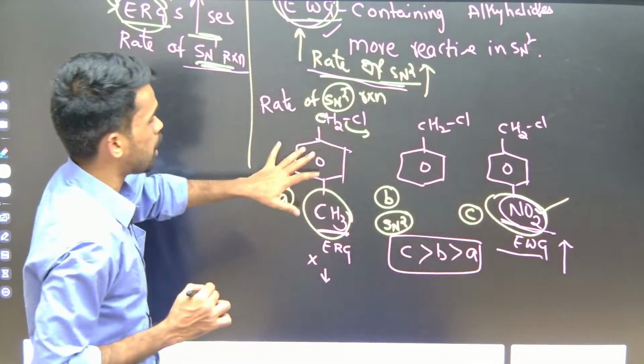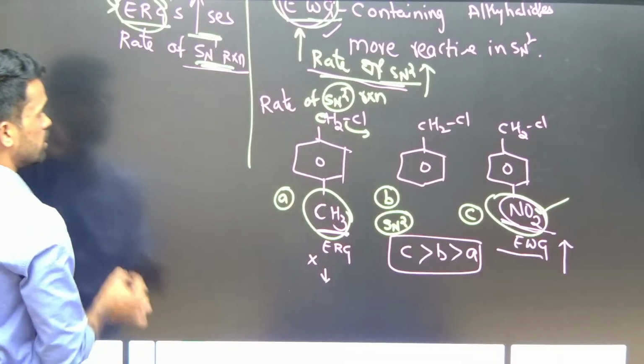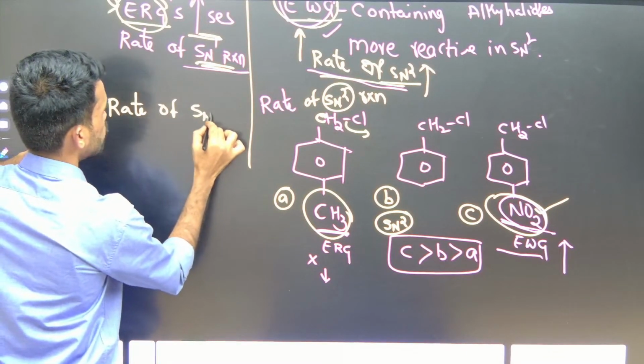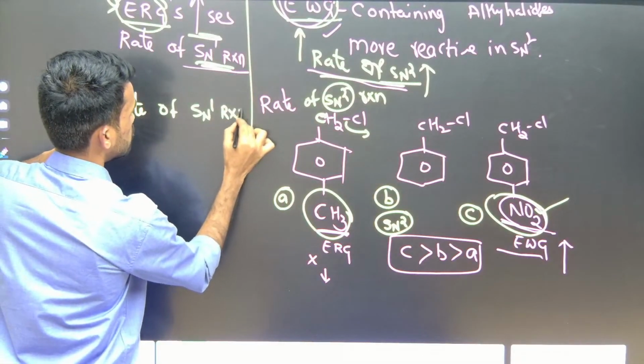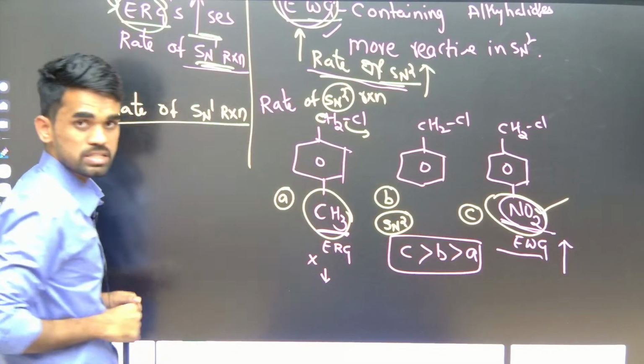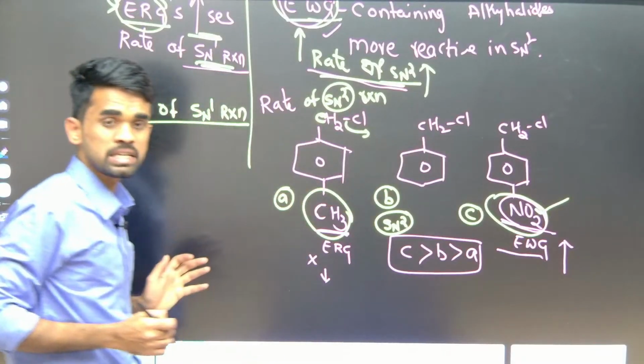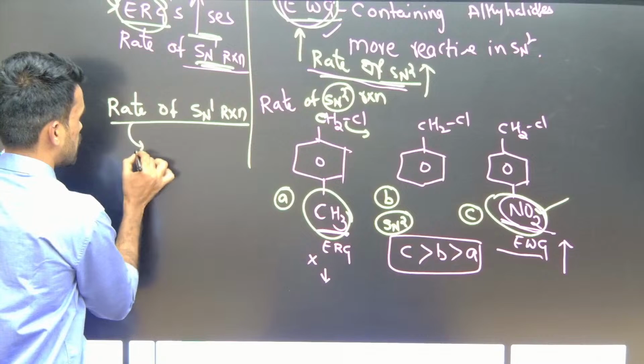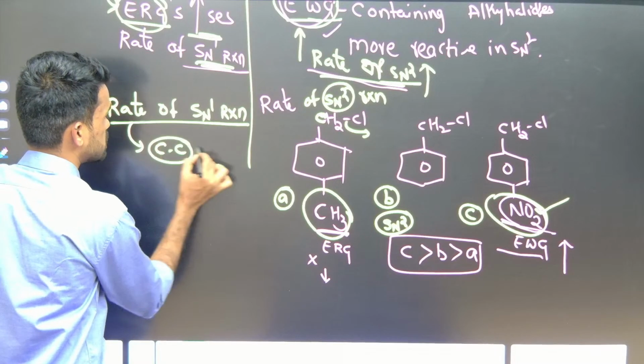Now the same options are given for SN1. Now rate of SN1 reaction for the 3 options. Tell me which is more readily involved in SN1 reaction, they will ask. Now tell me, we know in SN1 reaction carbocation is formed as an intermediate.